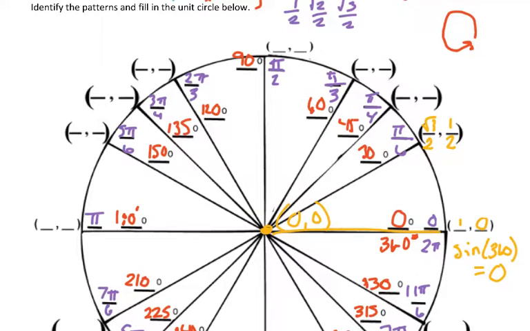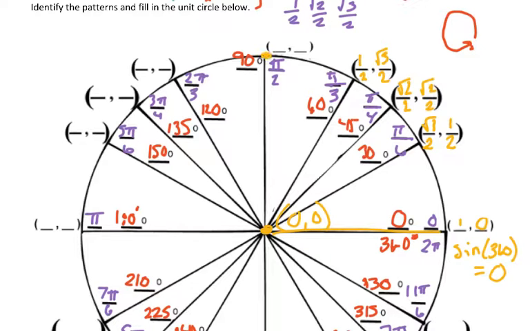The next one is going to be both over and up that same mid amount, and that mid value is the square root of 2 over 2. And then the last one, if you're trying to get to this coordinate, you're going over a small amount and up the largest amount. And so you're going to go over a half and up square root of 3 over 2.